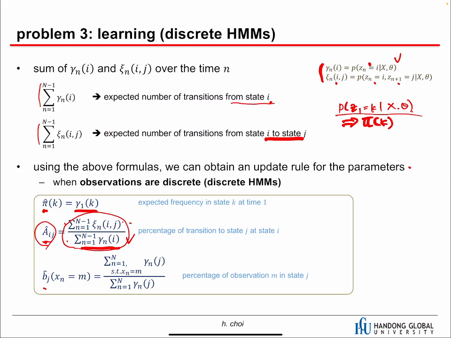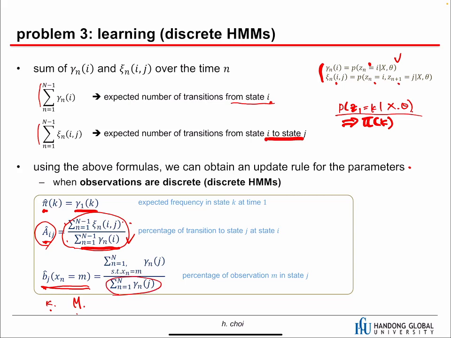And third, the emission probability. Since we are assuming that the observations are discrete, this emission probability can be represented as a matrix. So when we have k states and m observations, then we have a k by m matrix. And each cell can be estimated by this ratio.